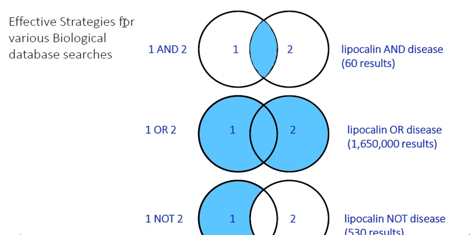There are effective strategies for searching the various biological databases. See the difference between 1 and 2, 1 or 2, 1 and not 2. So different databases search for different analyses.